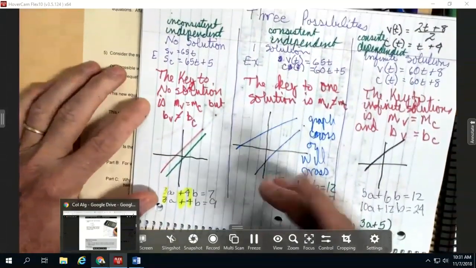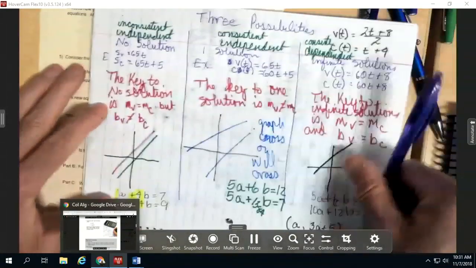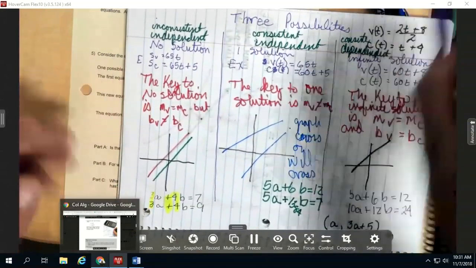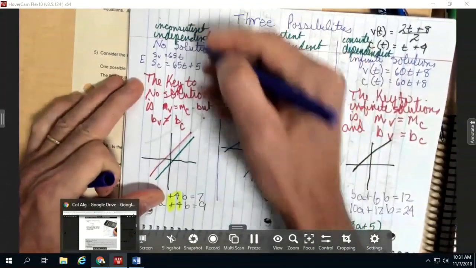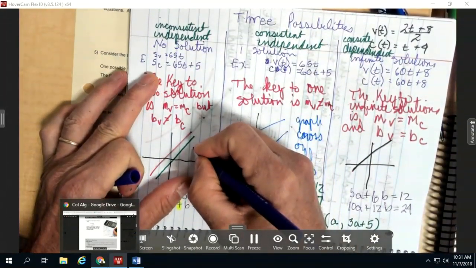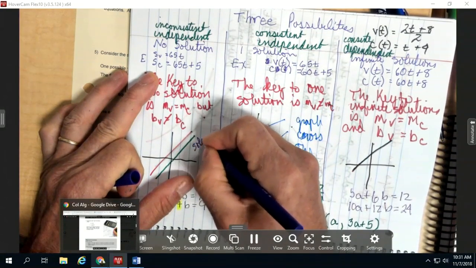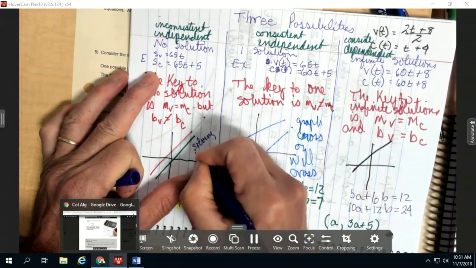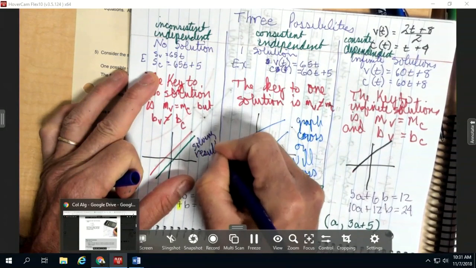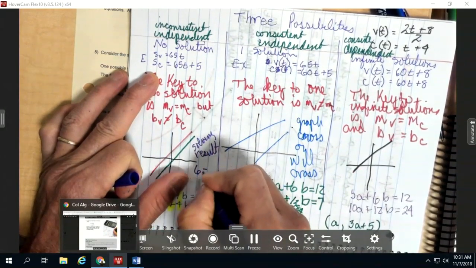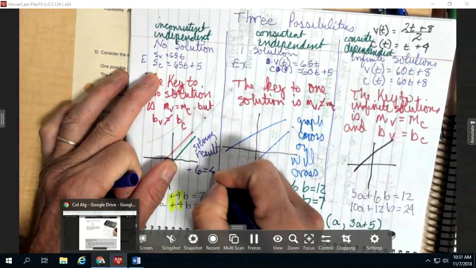And let's write this down. When you solve this kind of system, solving will result in something like negative 6 equals 4.